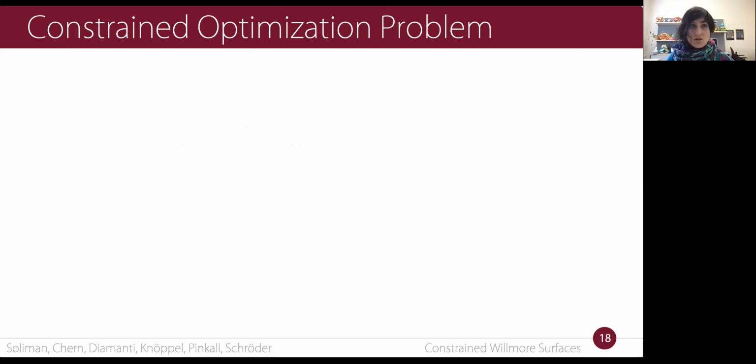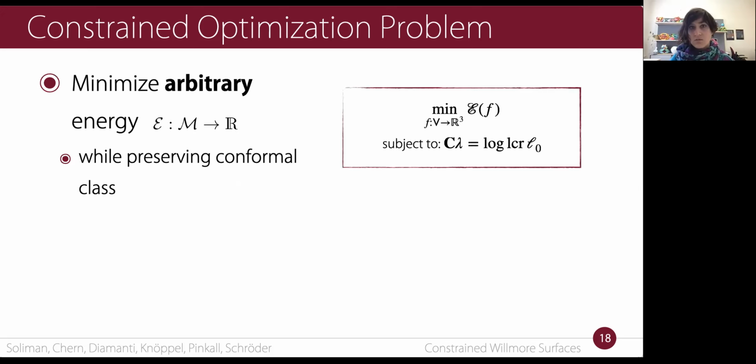So this brings us to the constrained optimization problem. We can translate any variational problem involving this conformal constraint to a standard constrained optimization problem. The energy here can be arbitrary. It doesn't have to be Willmore. It can be surface area. It can be volume or anything else.